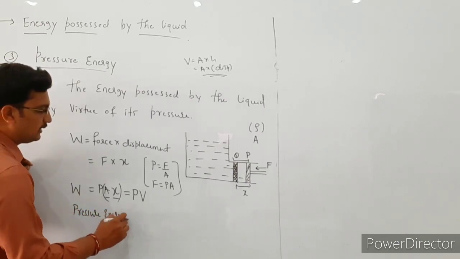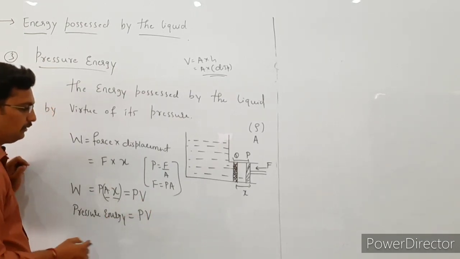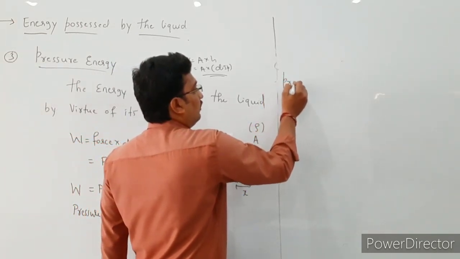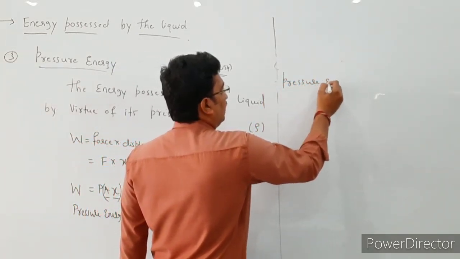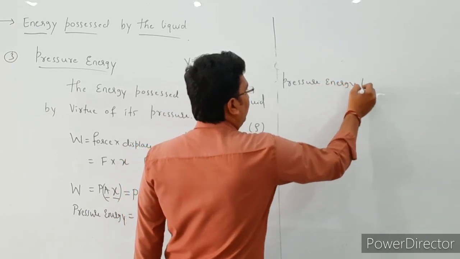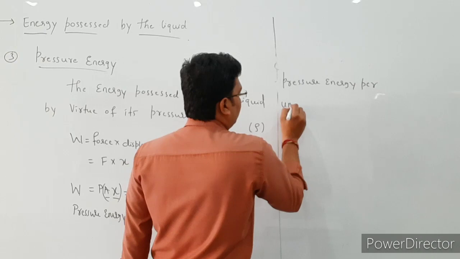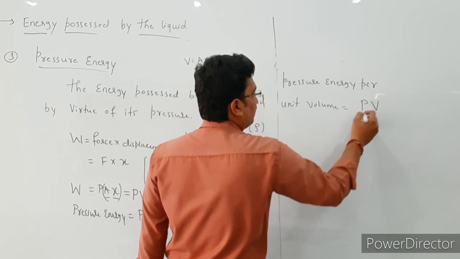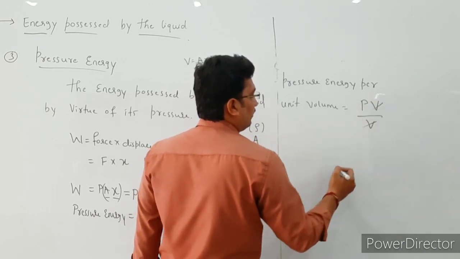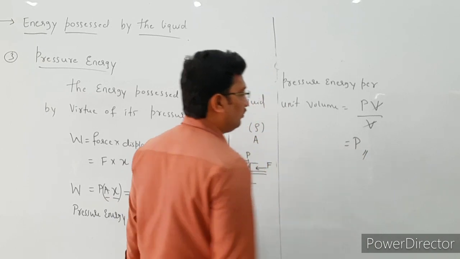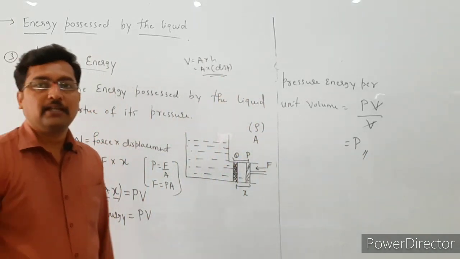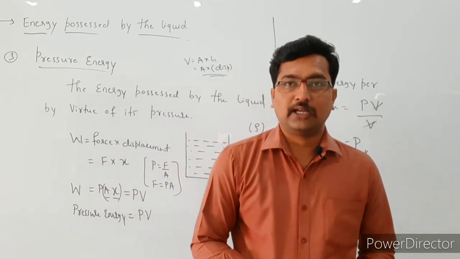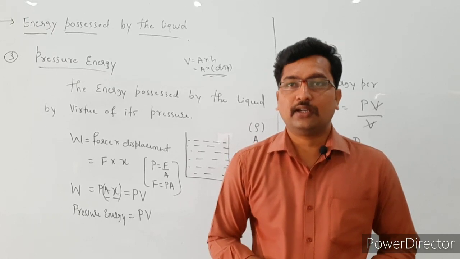So pressure energy is equal to P into V. Then pressure energy per unit volume is P into V divided by volume, and the volume gets cancelled, so the pressure energy per unit volume is P. So these are the energies possessed by the liquid: kinetic energy, potential energy, and the last one, pressure energy.